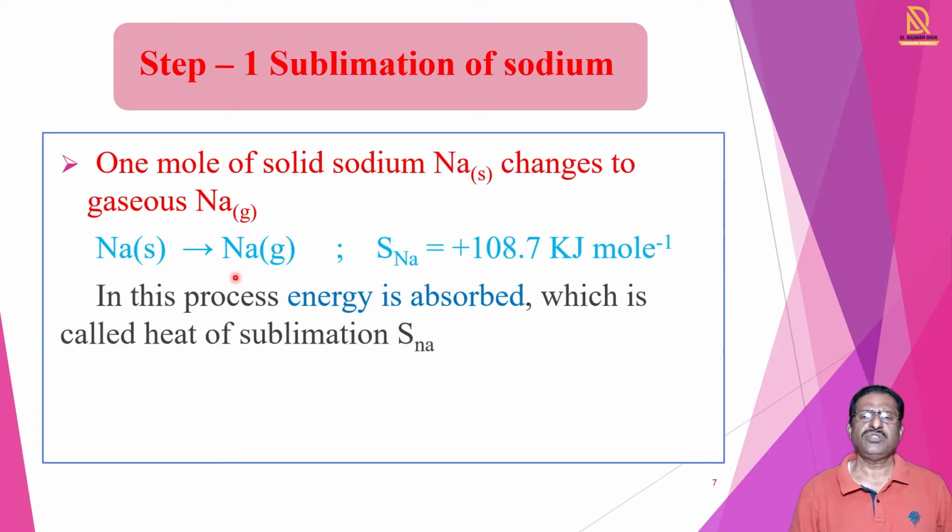For the sublimation of sodium, that energy SNa is equal to plus 108.7 kilojoule mole raised to minus 1. When solid sodium is converted into sodium gas, energy is absorbed, and that energy is called SNa.